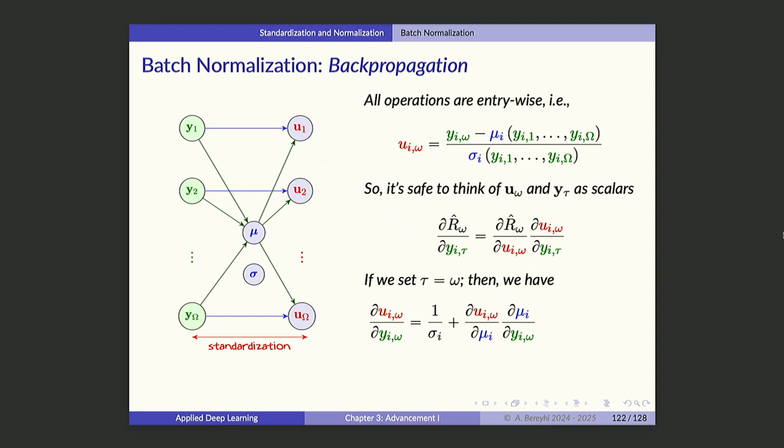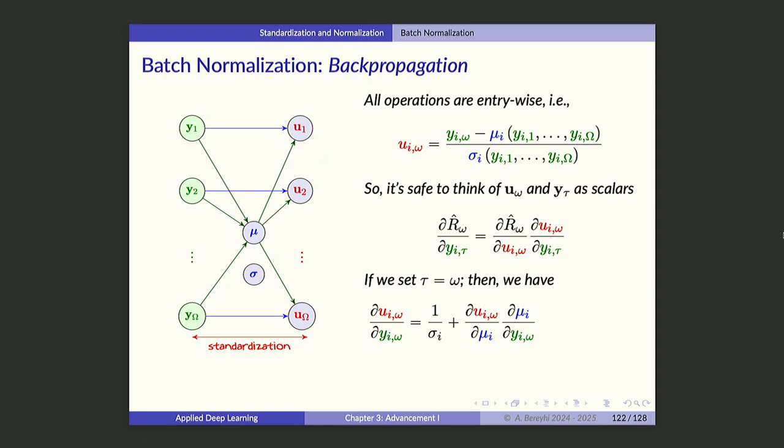So if you think about u1, given the expression that u1 has, you just put omega to be 1. Let me write it here. So u1 is simply y1 minus mu, which is a function of y1 till y omega, divided by sigma, which is again a function of y1 till y omega.